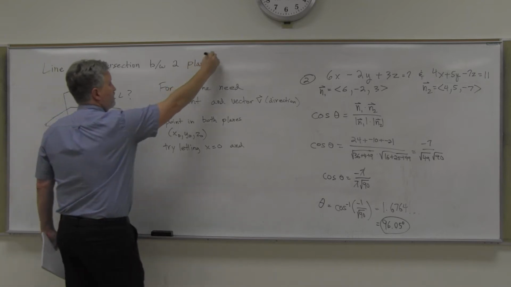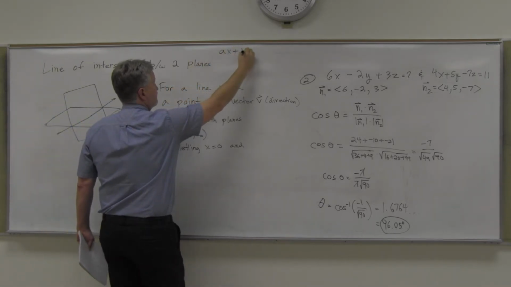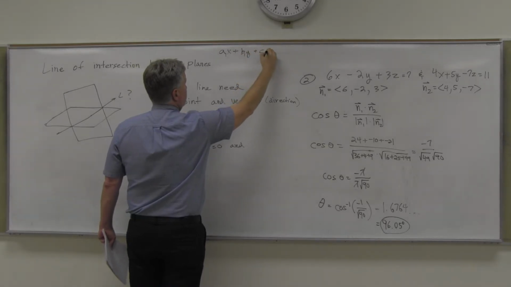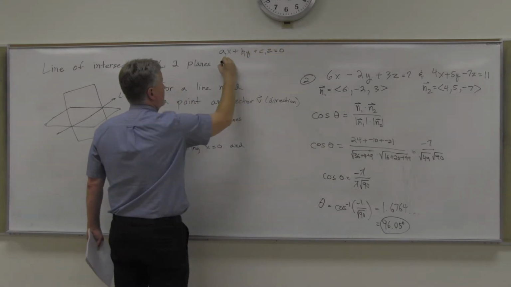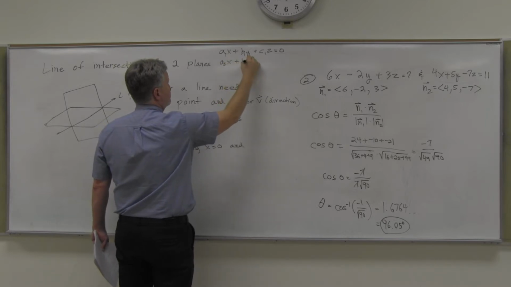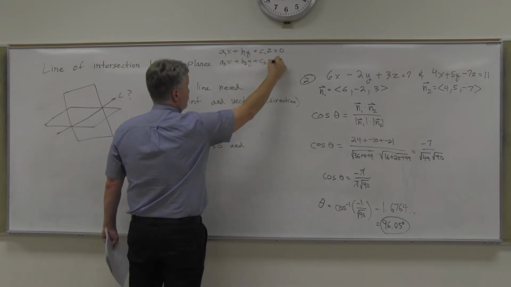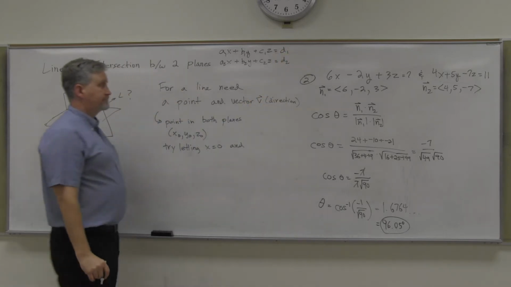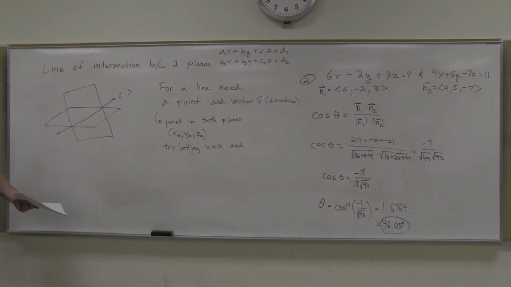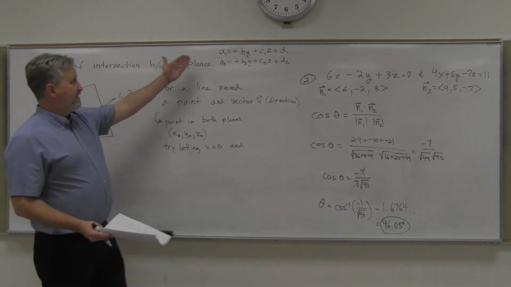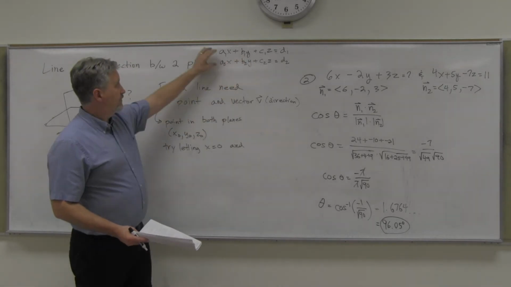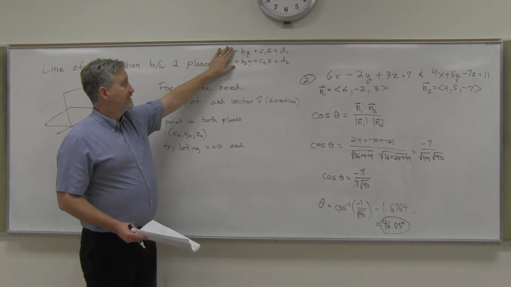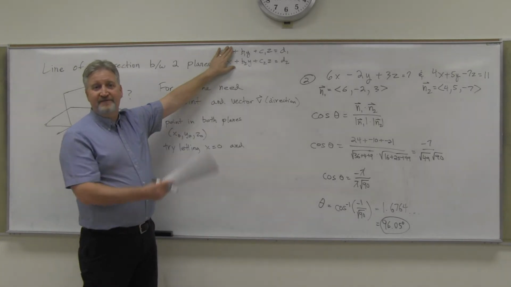Remember, we're going to have 2 planes, and at least we can put them into that form. So we're going to have two equations basically like this. What we're saying is let x be 0. And what that sets up is a nice little system, right?